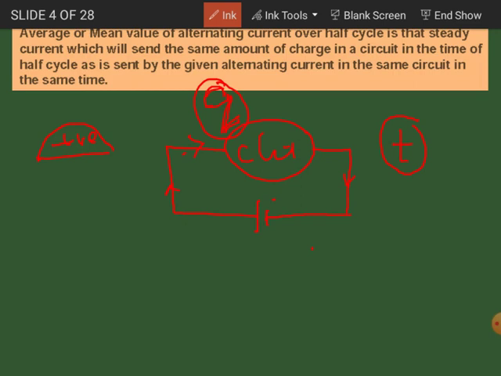So what happened when AC current is passed? When the AC current is the source through this circuit, Q amount of charge is transferred through the circuit during this small time t.